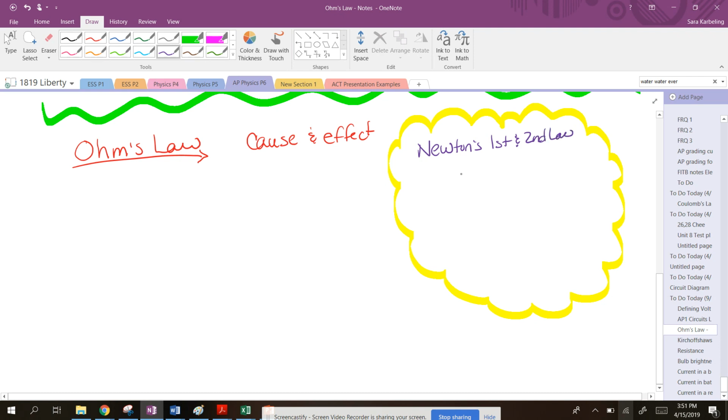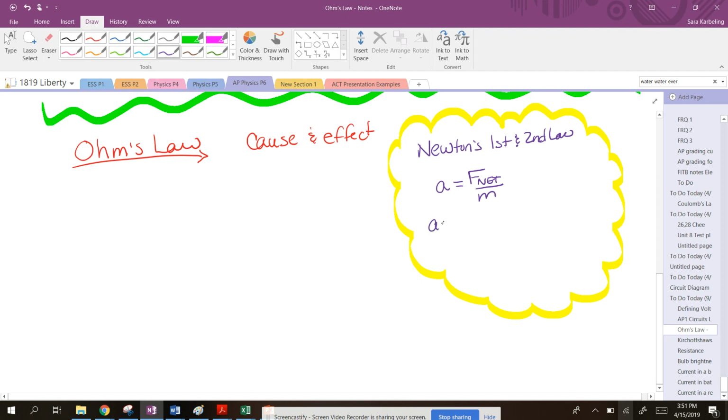You'll recall that Newton's first and second law, we say is a equals F net over m. And I don't know if you remember, but when we first started defining this, I insisted that we write it this way because it's also a cause and effect rule.